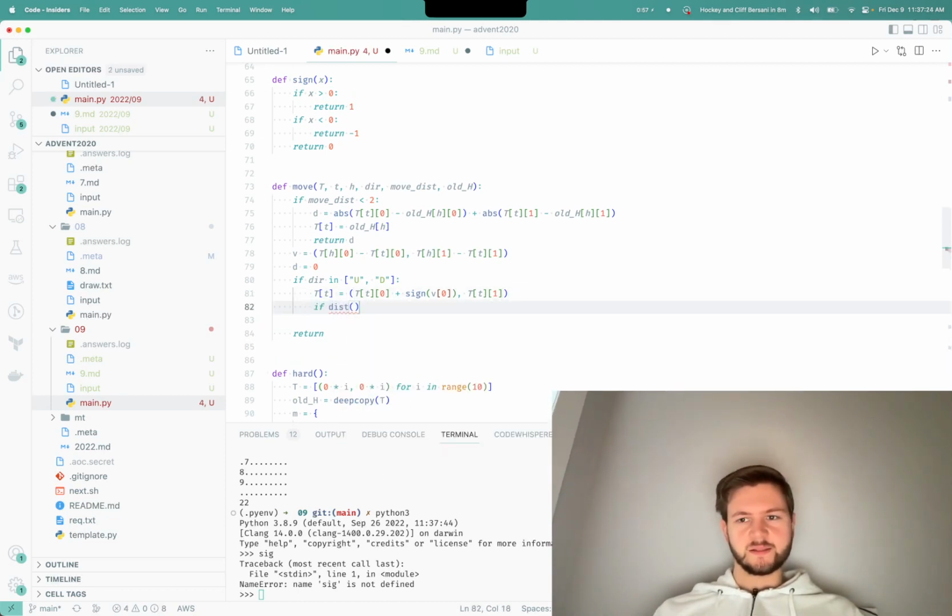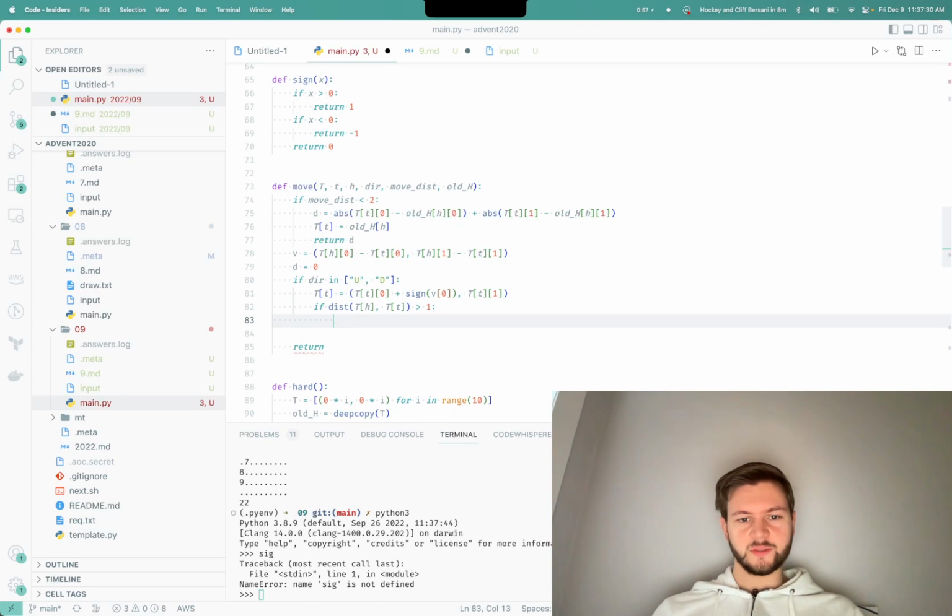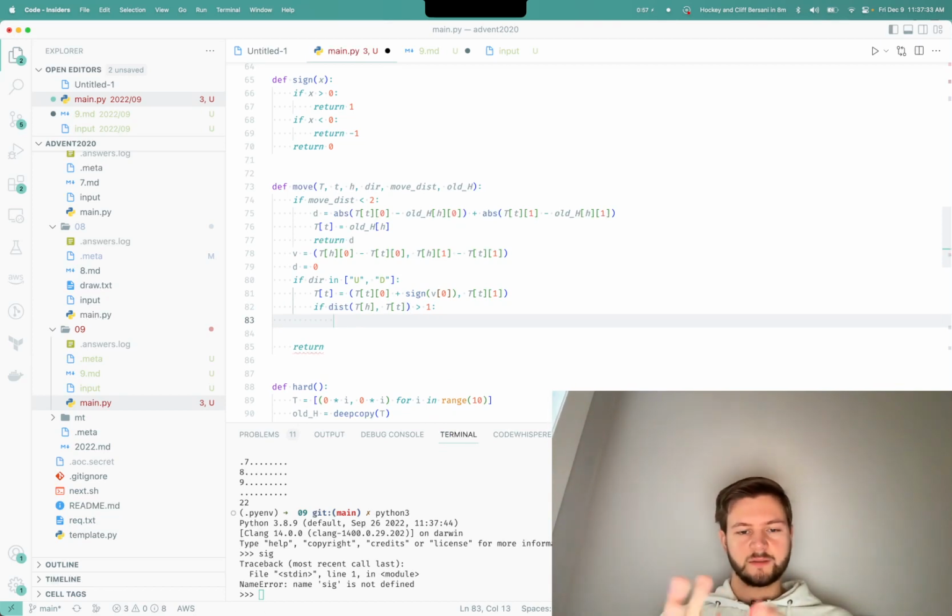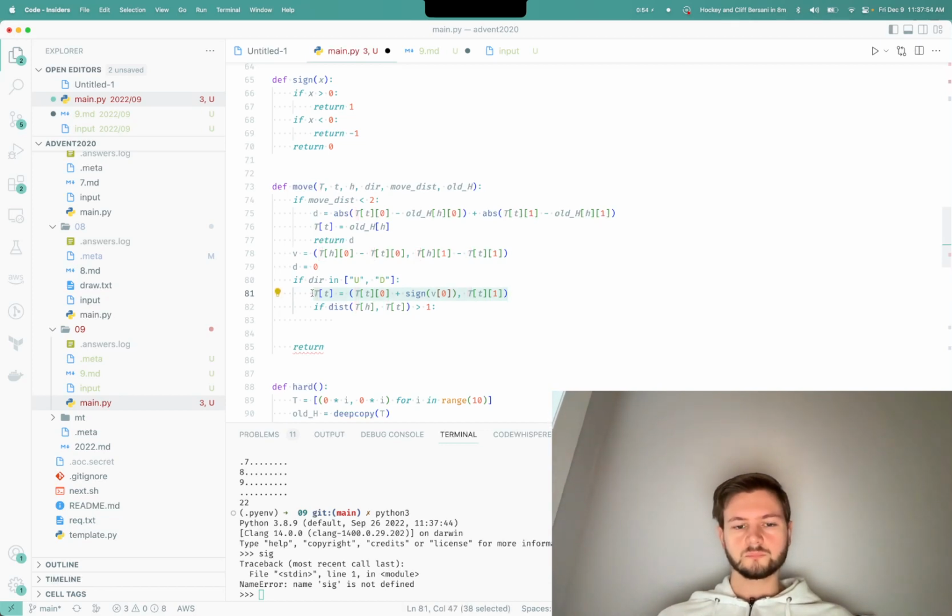If the distance of t hat and t scale is greater than 1. Okay.